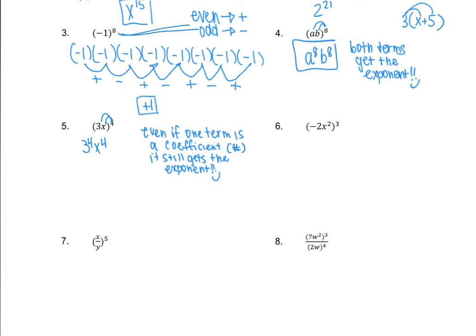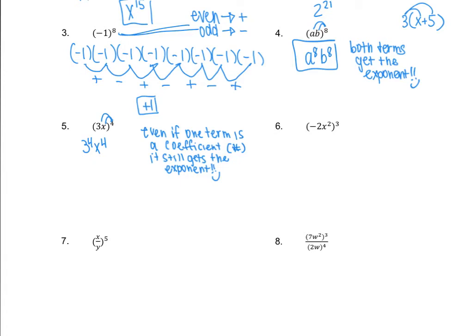So we could further simplify that, and it will depend on what your answer choices look like. So your answer choice might look like that, 3 to the fourth, x to the fourth. But your answer choice might take it one step further. And, what is 3 to the fourth?